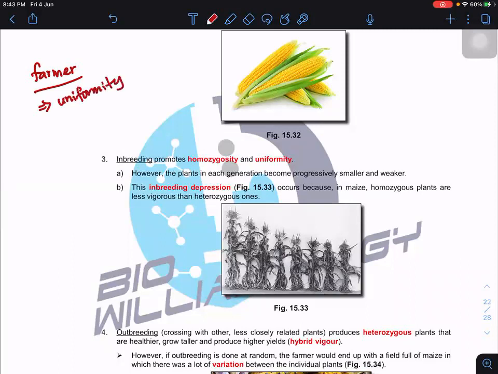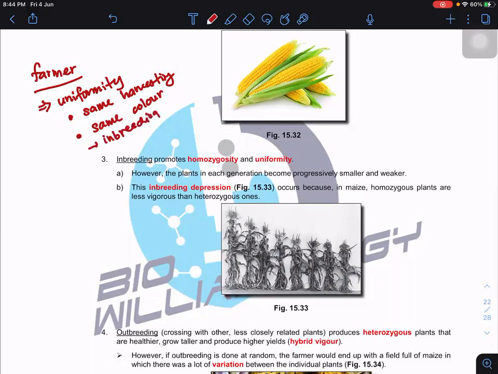Let me introduce a new word for you guys, uniformity. Now, what does uniformity mean? In this case, we want them to have the same harvesting time. Are you clear? Same harvesting times. We want them to have the same color of the products. Can you see that? Okay. So to achieve uniformity, inbreeding can help.